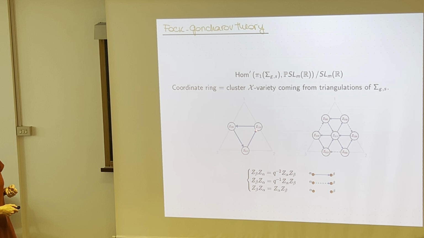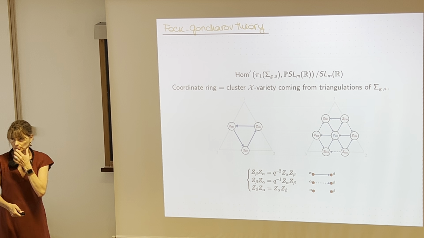If I call this zeta alpha and this zeta beta, then the commutation relation between them is given by this relation. When there are dashed arrows, instead of a q to the minus 2, you have a q to the minus 1. And when there are no arrows, the variables commute.